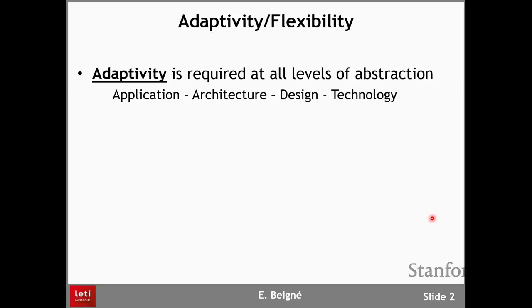It means that from application down to the technology, you need to bring adaptivity and flexibility to the circuit. You do not want to have a single technology with one performance. Maybe you want to have many different performances available. You don't want to target one point of operation, but maybe a range of operation depending on the application.